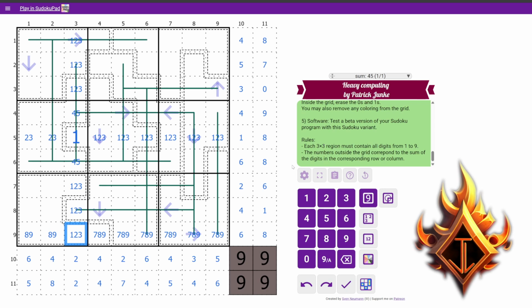Yeah, I mean, because we can't go any higher than that. So yeah, I do feel like that has to be correct. There's no other way around that.